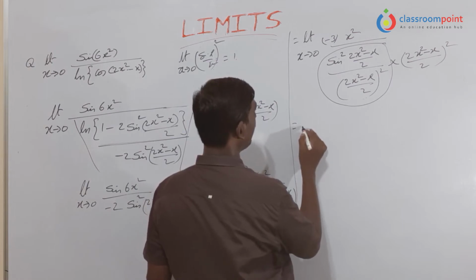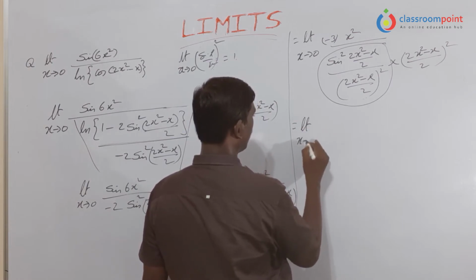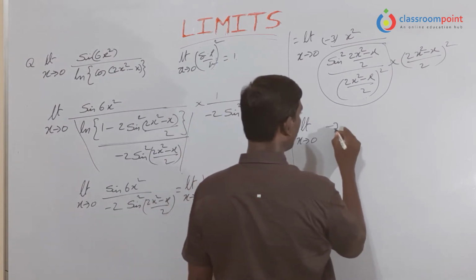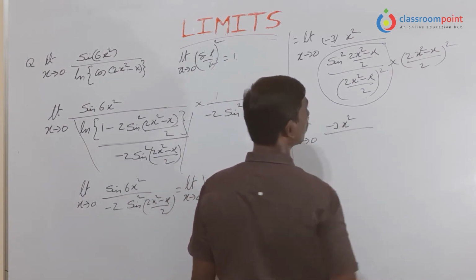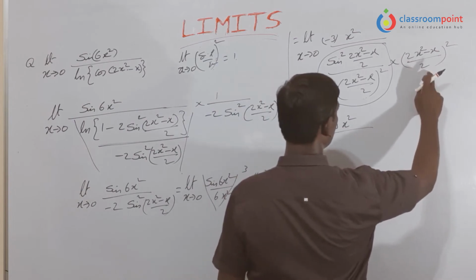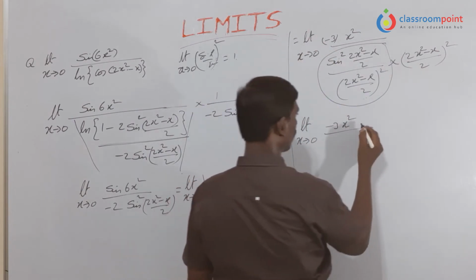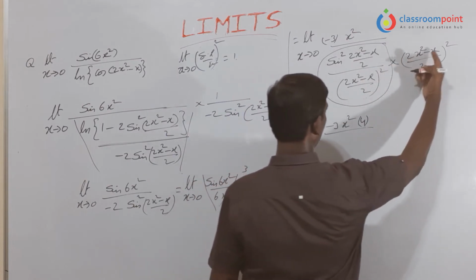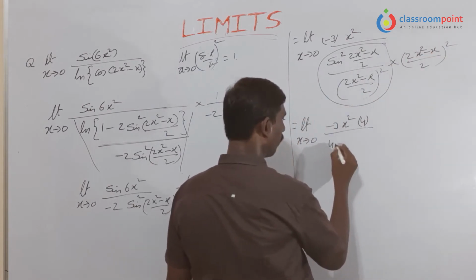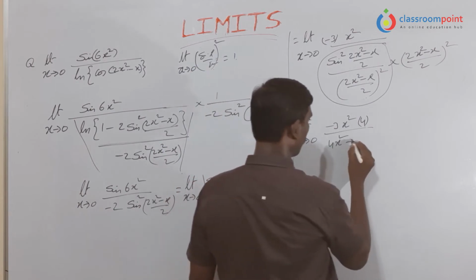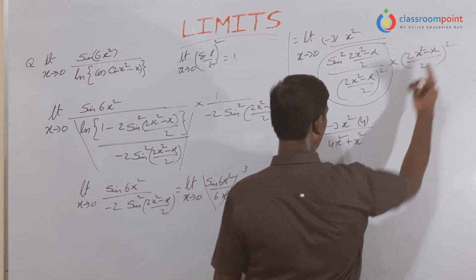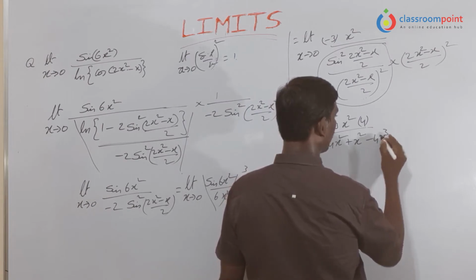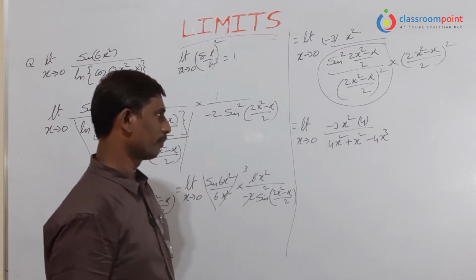Then what is the remaining value? Limit x tends to 0, minus 3x square. This 2 square can go to the numerator, then it is 4, (a minus b) whole square: 4x square plus b square x square minus 2ab, that means 4 minus 4x cube.